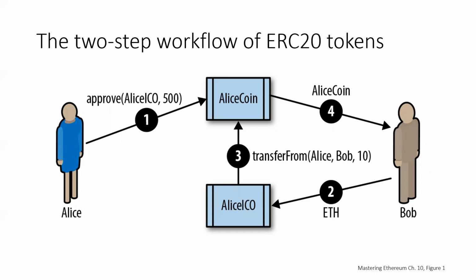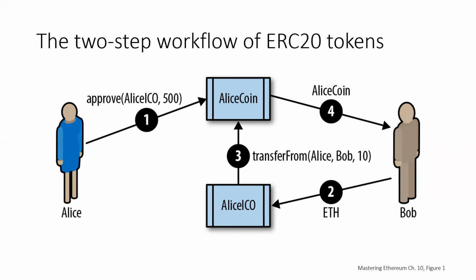Then Ellis launches the Ellis ICO contract down here that can sell tokens in exchange for ETH. If Bob wants to buy some Ellis coins, he's going to trade ETH to this Ellis ICO contract.